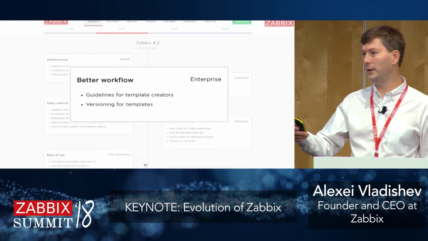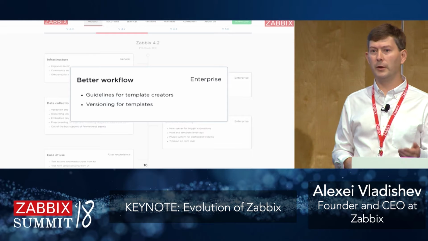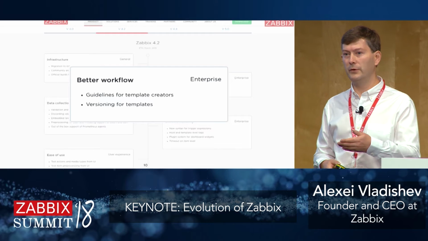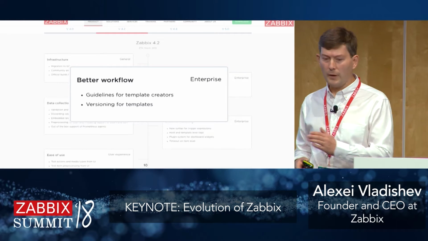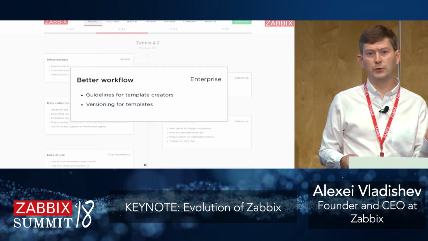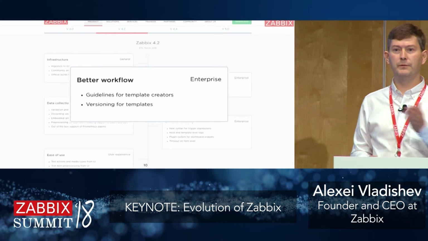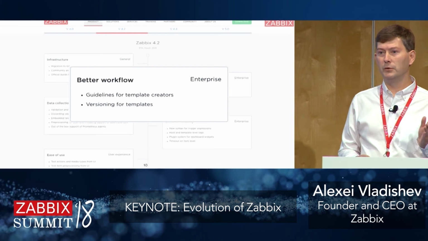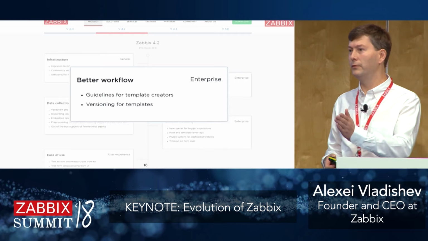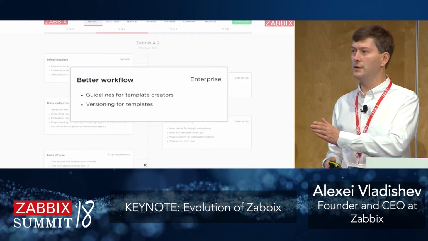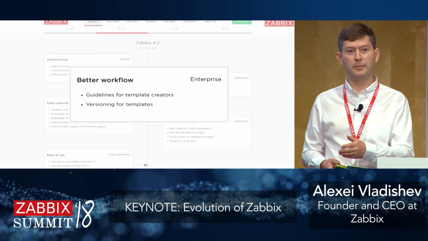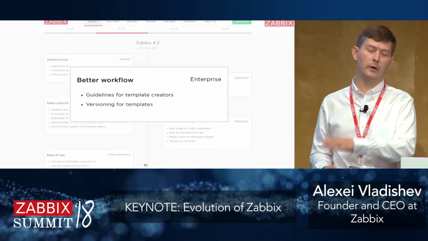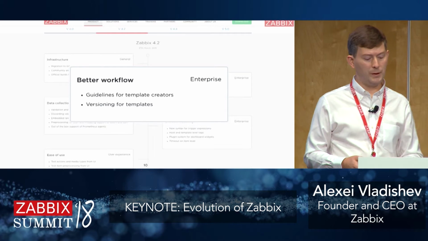If you have a template for monitoring MySQL, you may have the first version, second version, third version, and there must be a very clear procedure how to move from one version to another and see differences. If you see a new version of your template is available, there must be a very clear way to see the difference and apply this template. If it doesn't work well for you, you may roll back to the older template and so forth.